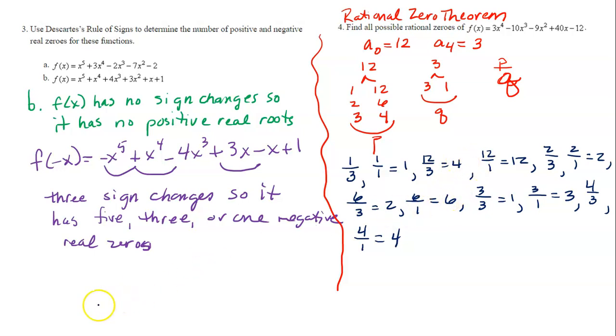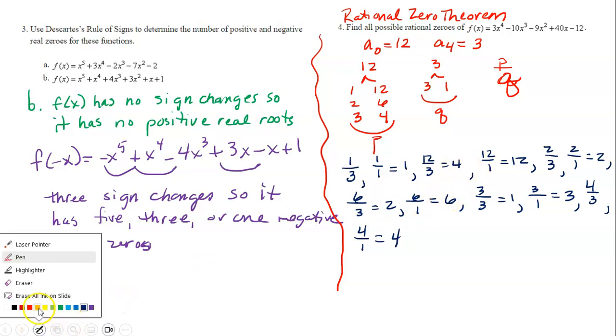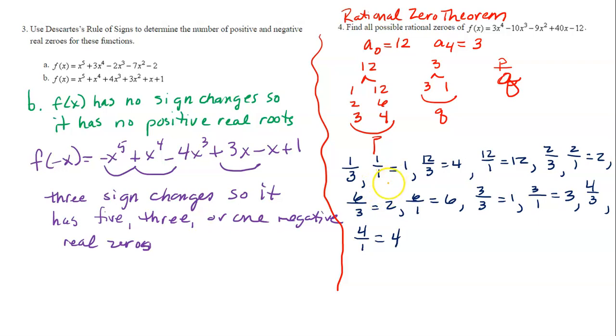Now we are going to list all of our rational roots, and they are plus or minus. I have 1/3, 2/3, 4/3.